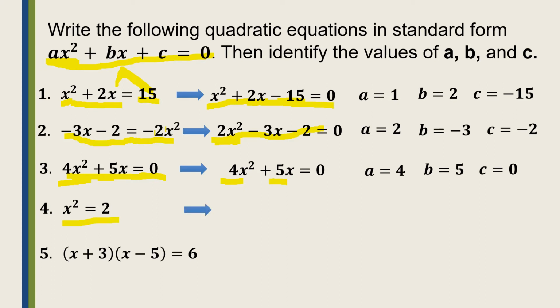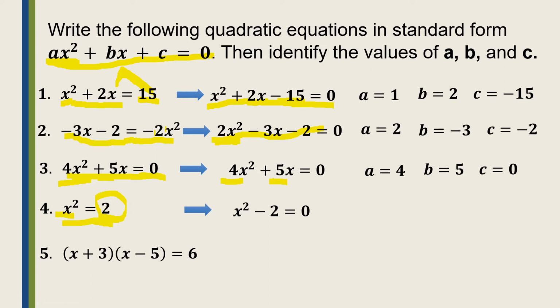So, standard form na ba? Of course, hindi. Equals 2 ang nakasulat. Dapat equals 0. So, isulat natin into standard form. Yung 2 natin, that is the constant. Dalawa lang ang given, quadratic term and constant. Pagsamahin natin.